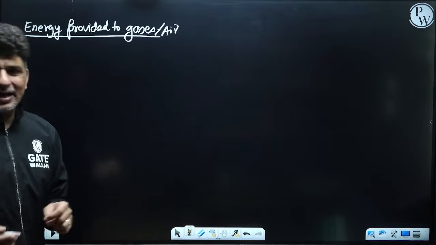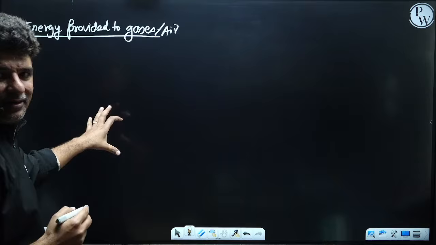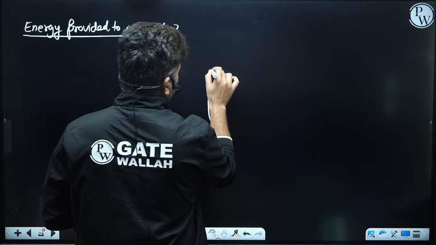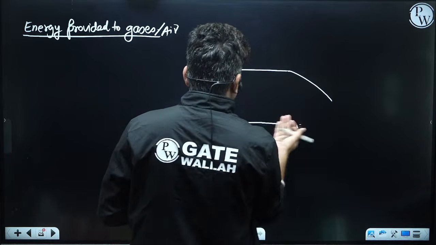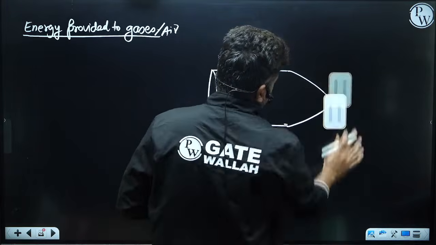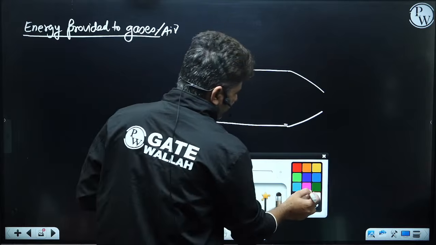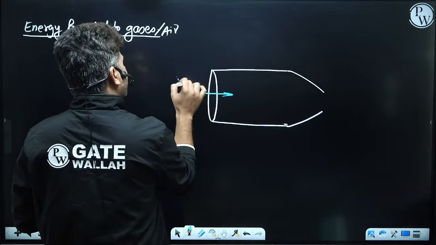So again, I will draw the vehicle again, and then we will see what is the power provided. Let's say this was your engine, and in this engine you have your air which was moving in, coming in with a velocity v infinity.